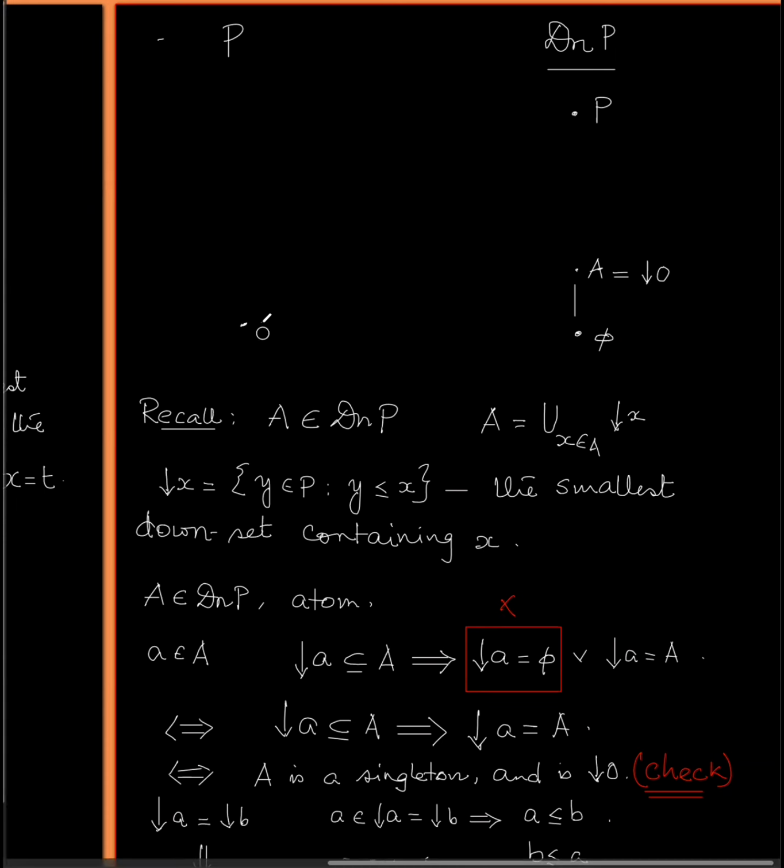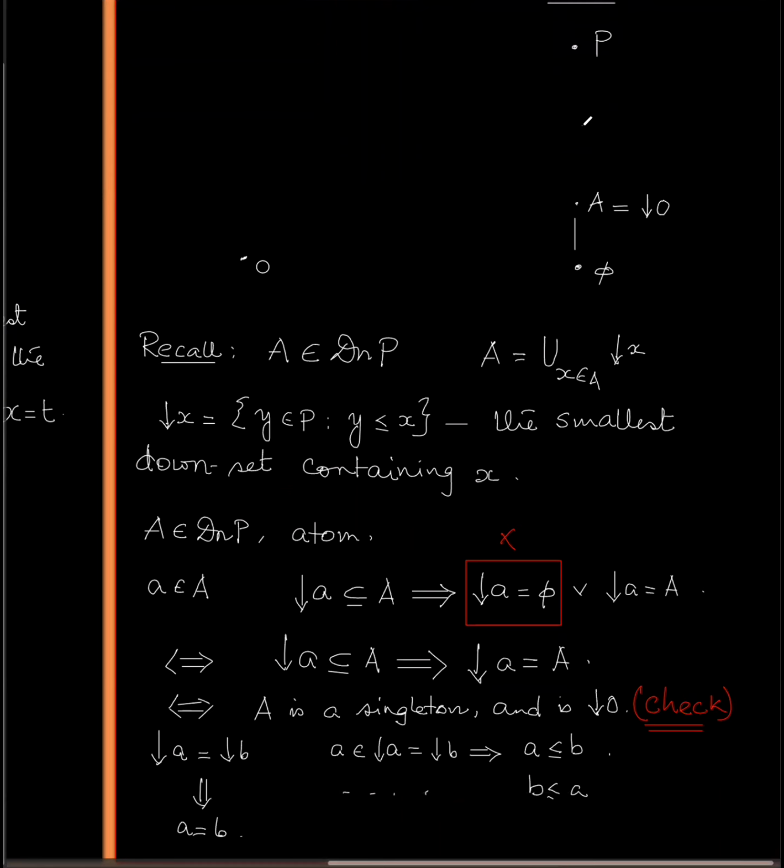This is equivalent. So you see, looking into downsets, we can actually start to conclude about some properties of P by looking into these downsets. We will see more of this now.